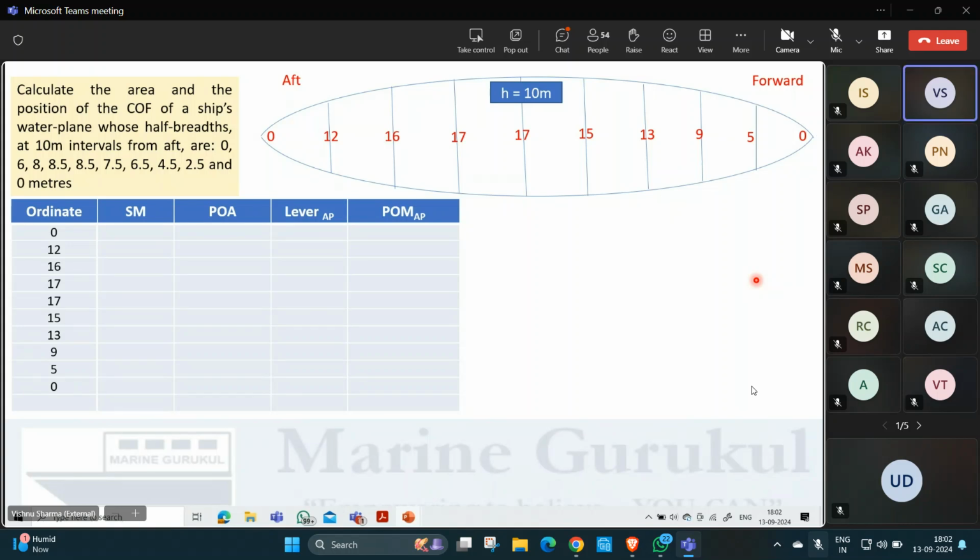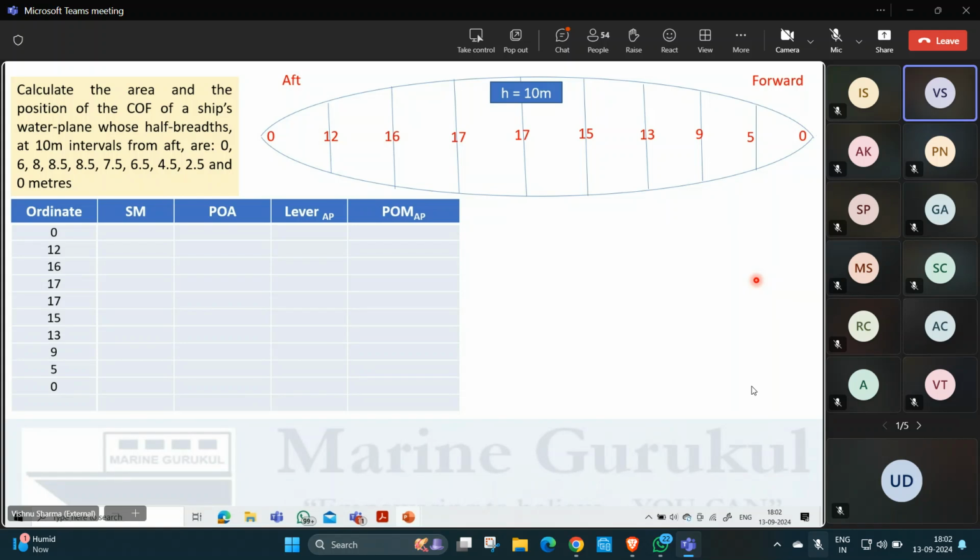Can you please make the table quickly in your notebooks and fill up the Simpson's multipliers before I show you? If there is one more extra class on Simpson's rules, let it be. Sometimes in a hurry we waste the entire effort. So let's not waste time, but let's not unnecessarily pressurize ourselves.